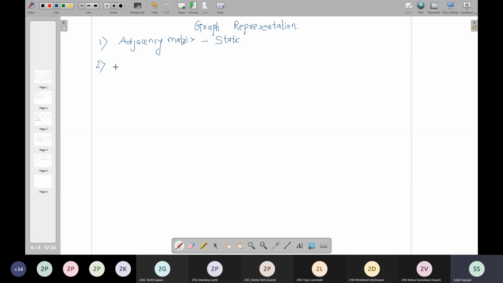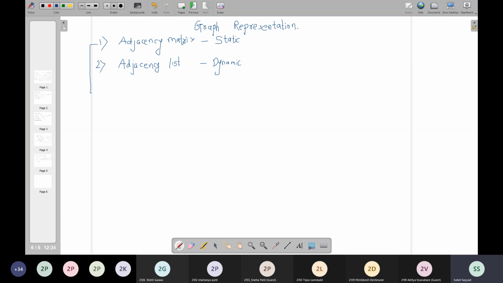The second one is adjacency list. It is the dynamic one. So let us discuss these two graph representations today one by one.